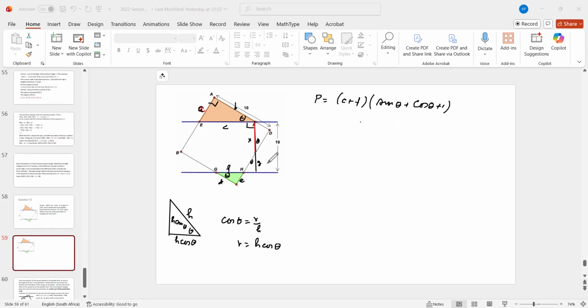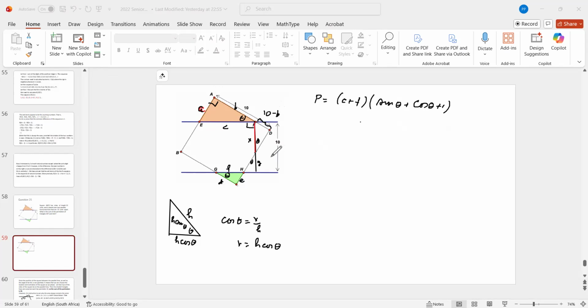Also notice that this part here is 10 minus b. The whole thing is 10. We called this b.